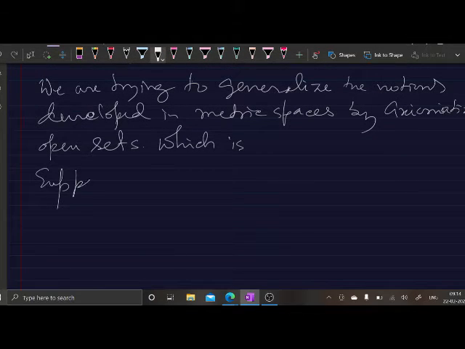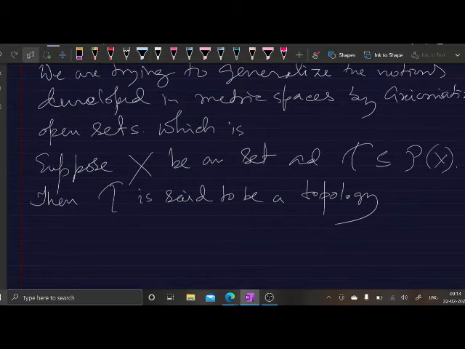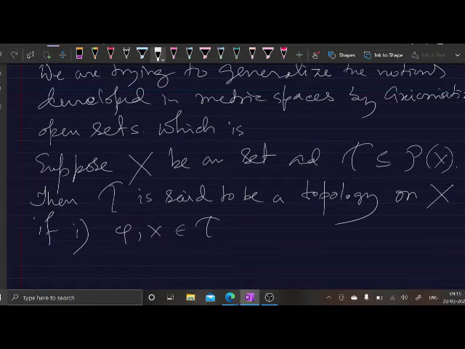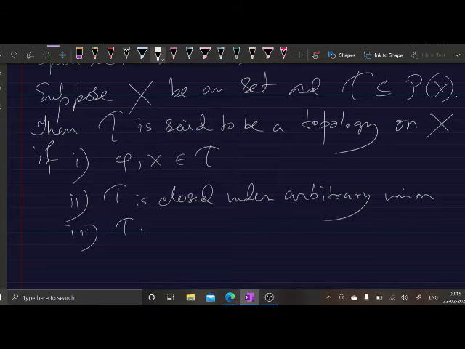so suppose X be a set, X be any set, and tau be a subset of the power set of X. Then tau is said to be a topology on X if number 1, phi and X are in tau, number 2, tau is closed under arbitrary union, and number 3, tau is closed under finite intersection.